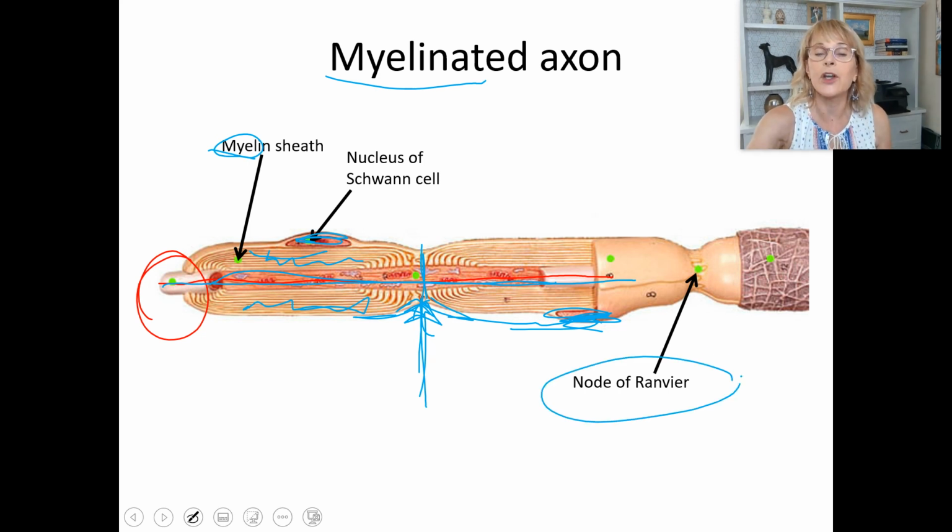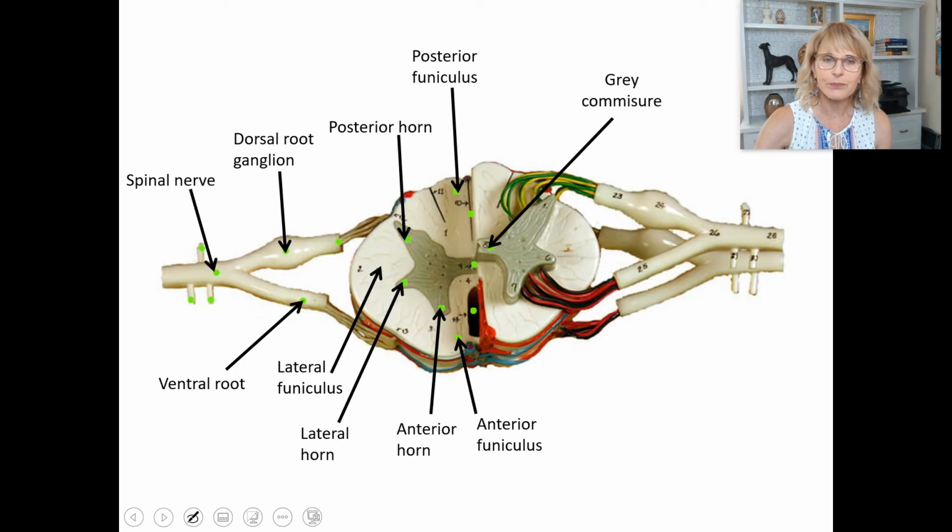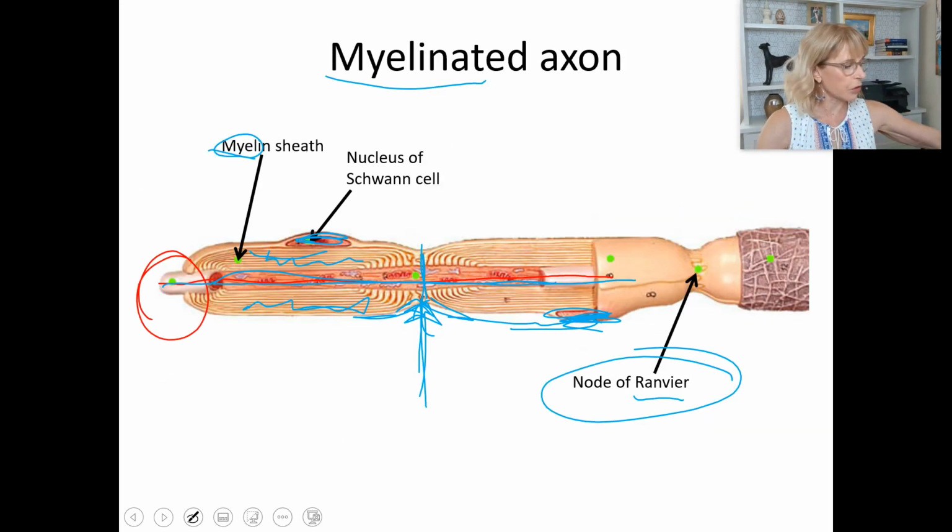That is known as the node of Ranvier. And by the way, remember, you just have to spell things right. So it might help you to refer to it in your head as the node of Ranvier, right? So that's it for the neuron.